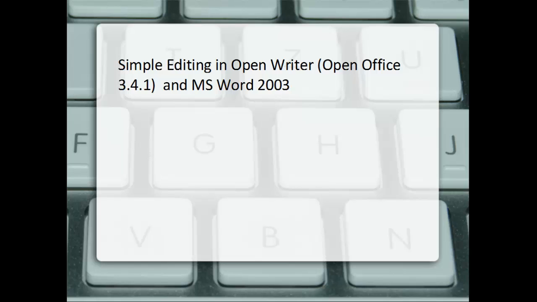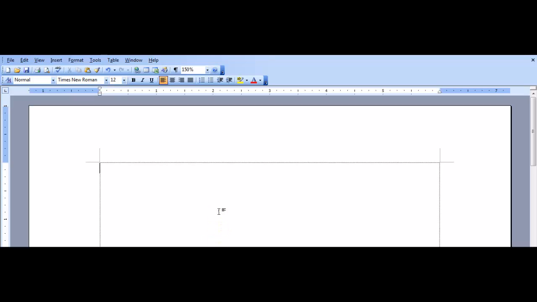Simple editing in OpenWriter and MS Word 2003. Let's start with typing text in the document. The quick brown fox jumps over the lazy dog.